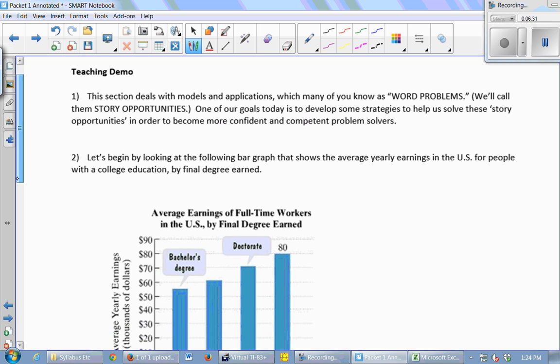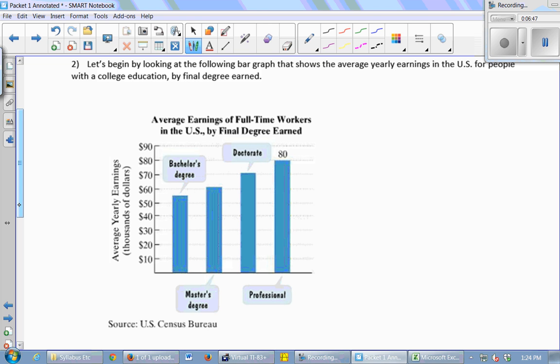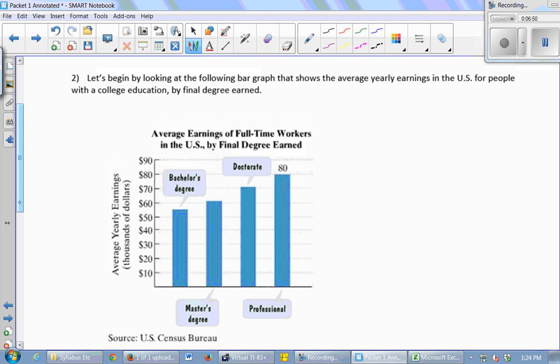Okay, so this section deals with models and applications. Many of you know these things as word problems. So that's why we spent the preview practicing writing expressions with variables in it. Let's start by looking at this bar graph. It shows average yearly earnings in the United States for people with a college education by the final degree earned, right?